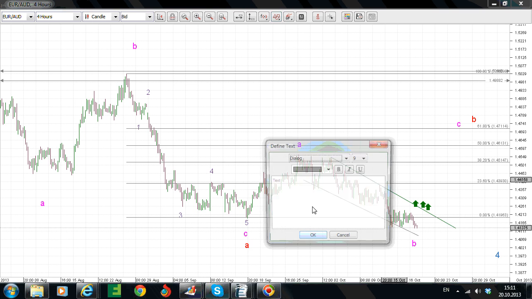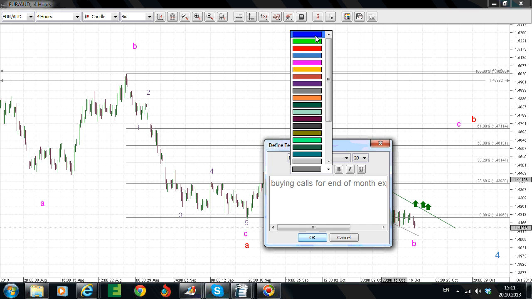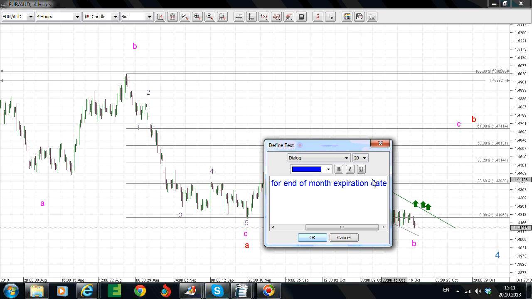So buying calls for end of month expiration date, and this is going to be our play. Let me make this one blue like this, for end of month expiration date, and this to be valid after the green trend line is broken.